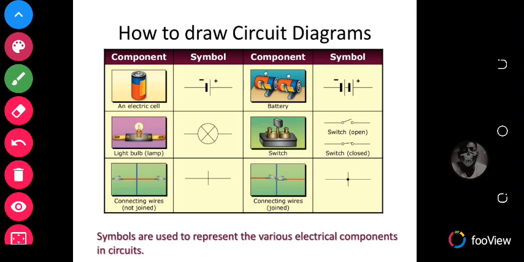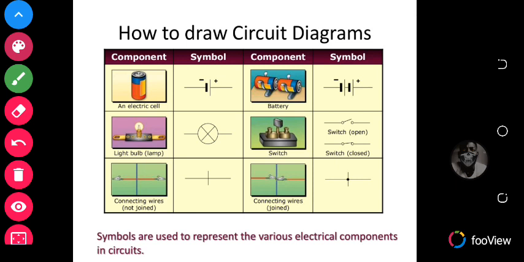You can have a very complex electrical circuit for a room or a very big place, so you can't be drawing batteries and bulbs. You need simple diagrams to represent each component. That is why it's very important to learn how to draw circuit diagrams.